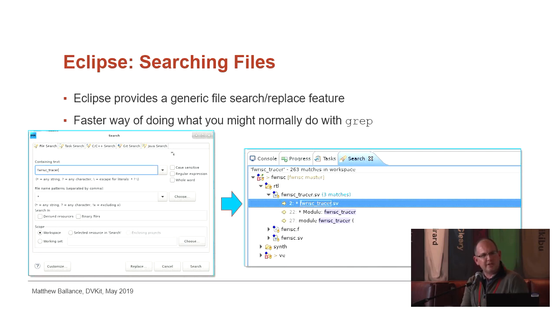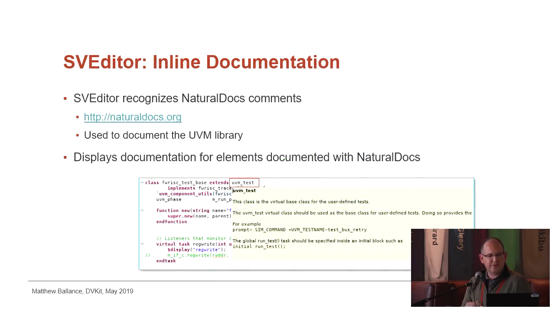Now, back to the SystemVerilog side, another element of navigation really has to do with documentation. A certain set of Verilog and SystemVerilog is documented with Natural Docs markup. This is kind of a language-independent format of documentation. And the SV Editor plugin recognizes these comment tags on content. So if you hover over an element that is documented with a Natural Docs tag, it will pop up the documentation inline in a hover.